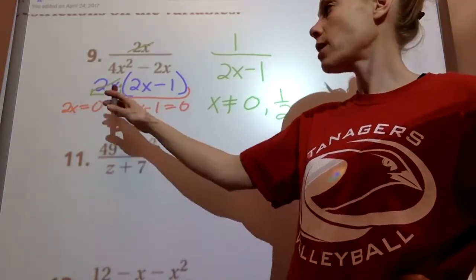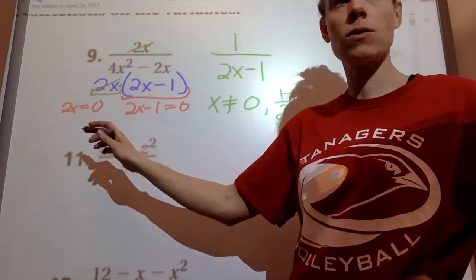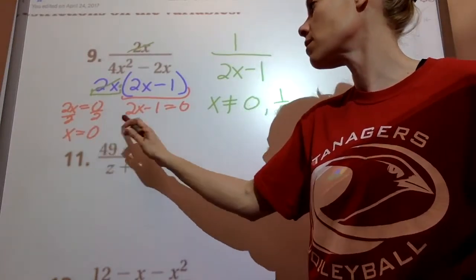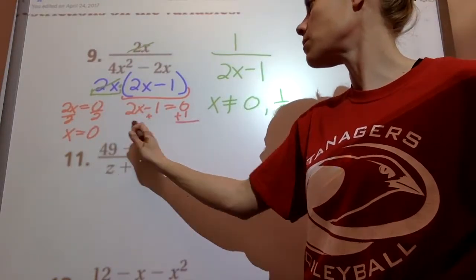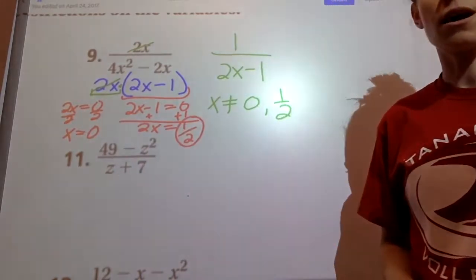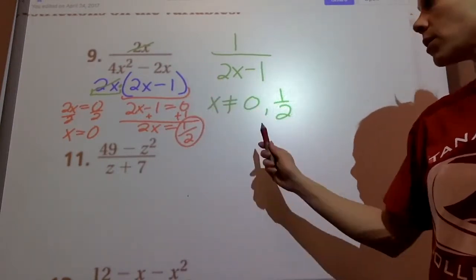So you can look at them and do mental math and know 0, 1/2. If you can't do that, you'd actually have to go through and solve and say, oh, x cannot be 0. What else would make the denominator 0? Divide by 2, and then you see, oh, it's 1/2. Okay, so if you can't see it, you'll have to use your algebra to find out what x cannot be.